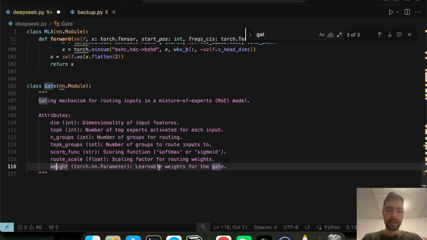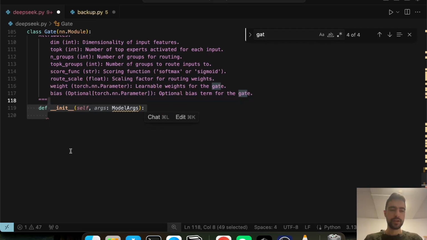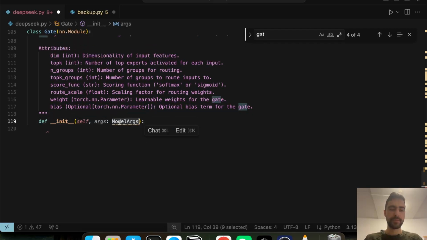Weight, this is learnable weights for the gate, so model will learn which experts, which tokens to route to, or which groups if we have groups. Bias, this is optional bias to the weights. So let's initialize, we will just pass in model arguments.